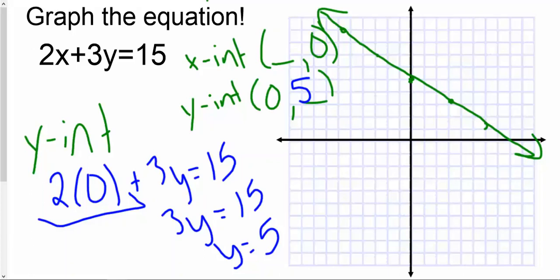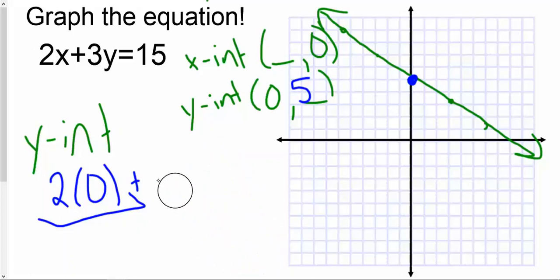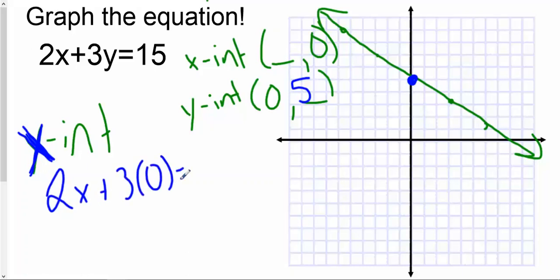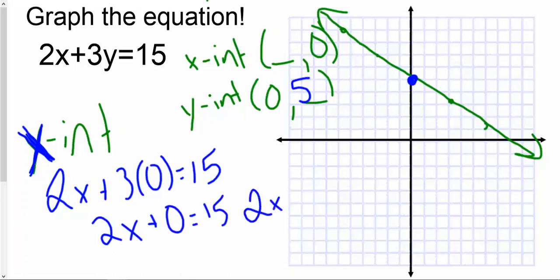So 2, 3, 5. Hey, that's the same point we already graphed. Okay, so now we have our y-intercept. Let's do the exact same thing with our x-intercept. Now I'm going to plug 0 in for y, and that gives me 2x plus 0 equals 15, or 2x equals 15, which means x is 15 halves, or 7.5.